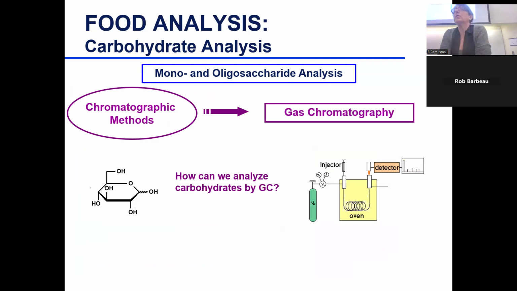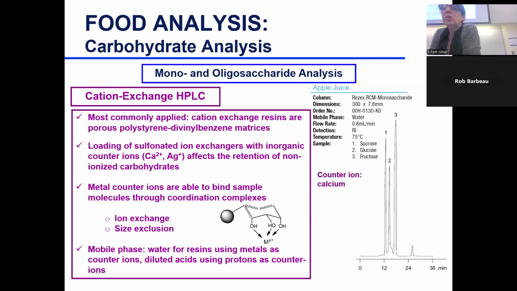So yes, Claire. Is there an actual application for that? Yeah, so you can analyze any of the mono, di and oligosaccharides if you have the system in your lab. Again, if you remember, many methods can work for the same thing.